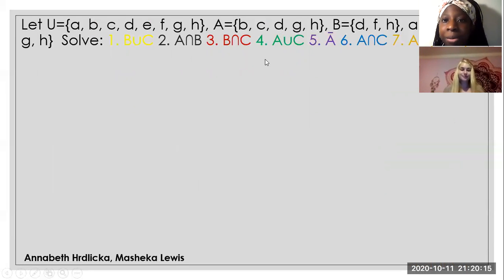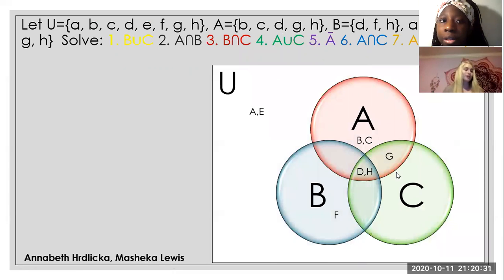So this is our problem. Now, my second question for this problem is, how will you know where to put the letters? Because it gives us our letters, but how do you know how to put them in a diagram? Okay, so to know where to put the letters, you have to look at what letters the A, B, and C, which you see, the main letters, are equal to, and see which ones they both have.